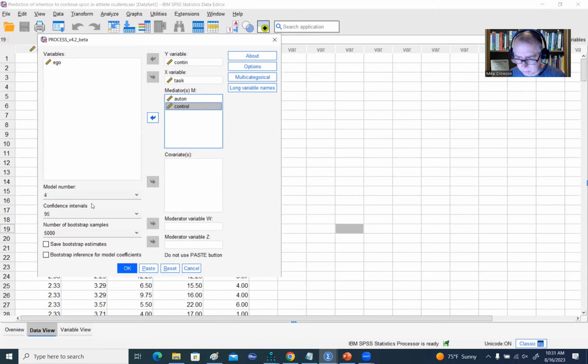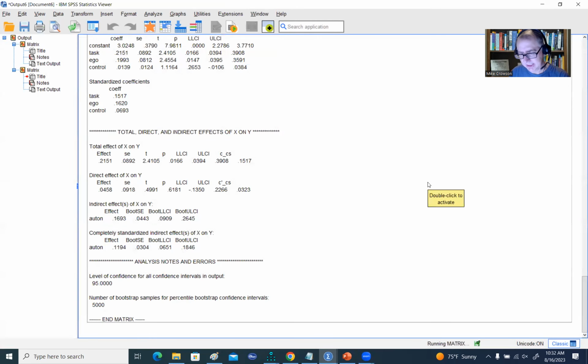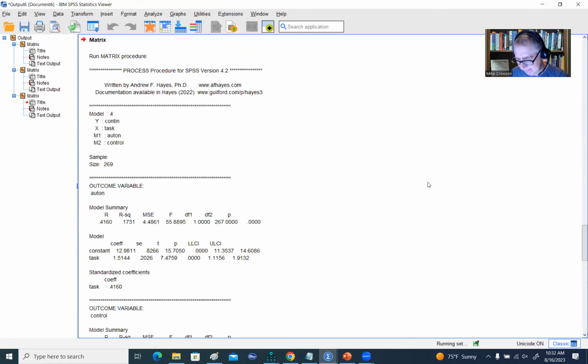Under Model 4, it allows for a single mediator or parallel mediators with multiple mediators. There are other models that allow for sequential mediation that we're not addressing in this particular video, but they do exist, and I'll get to those in another video. So let's go ahead and run this analysis. We'll click on OK, and it takes a second, obviously, and there it is.